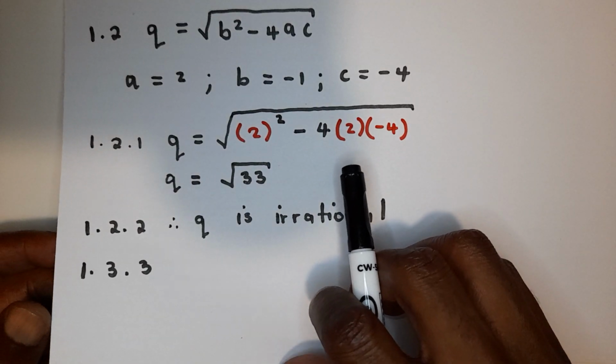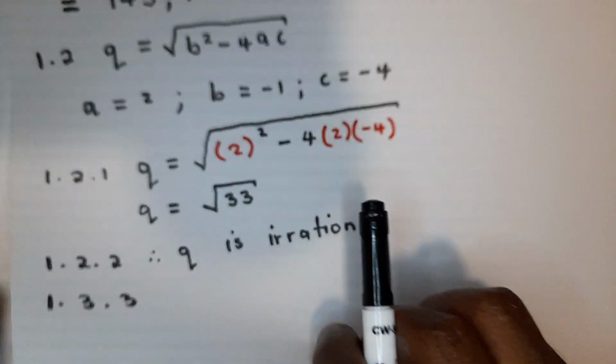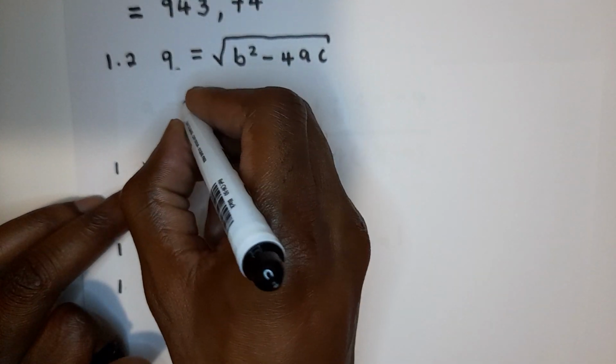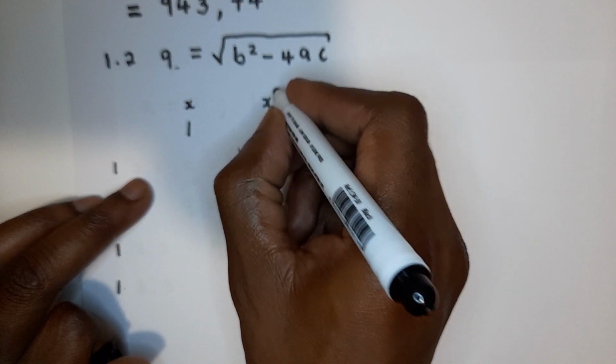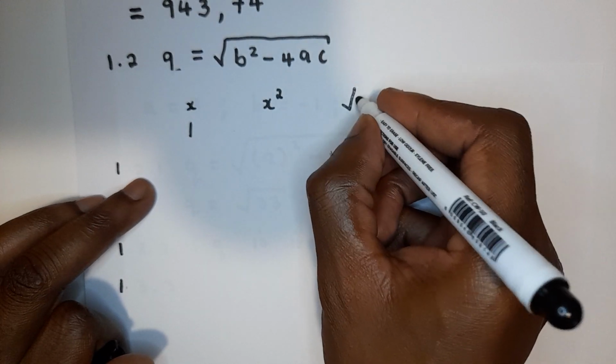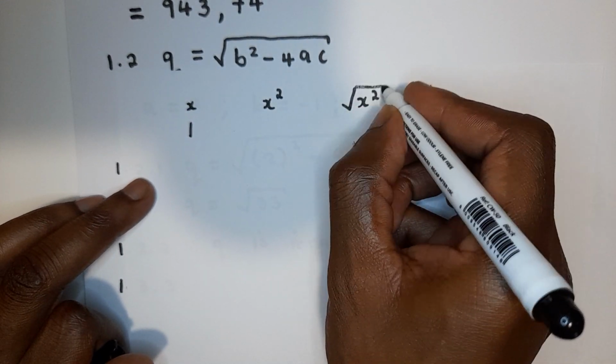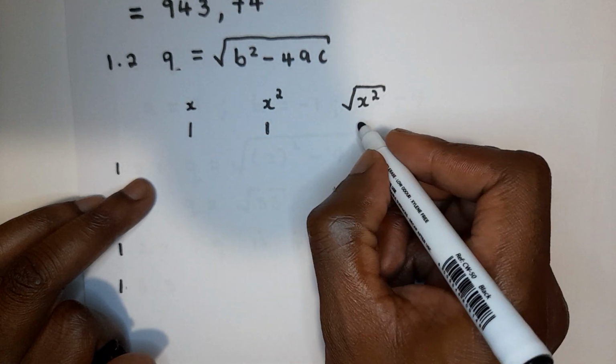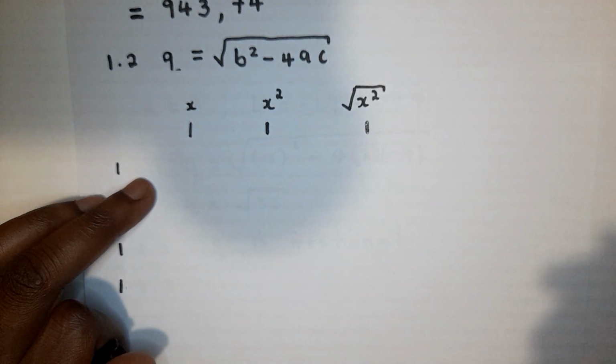So I'm just going to list all my squares. Let me just say x. Then this side I take x squared, then this side I take the square root of x squared. So if my number is 1, then my 1 squared is 1, and my square root of 1 is 1 again.